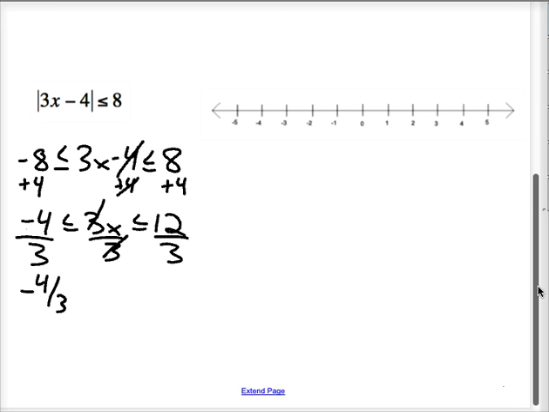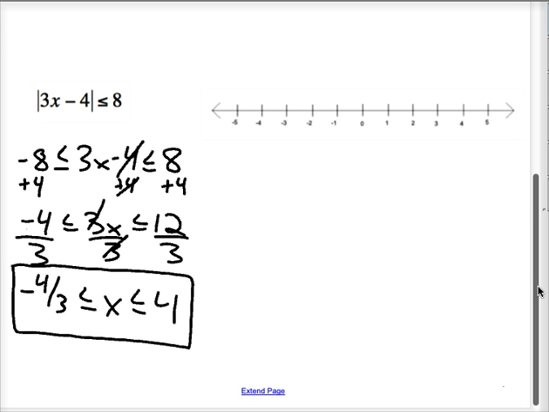And again, please leave as a fraction. Now, negative 4/3, to plot it, you can type it in the calculator, and it is negative 1.3 repeating. But again, please, please, please leave it as a fraction.